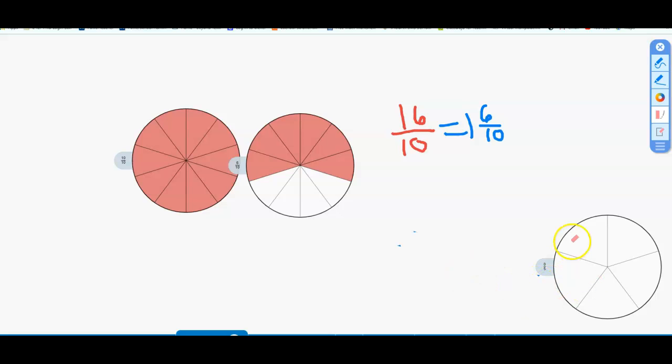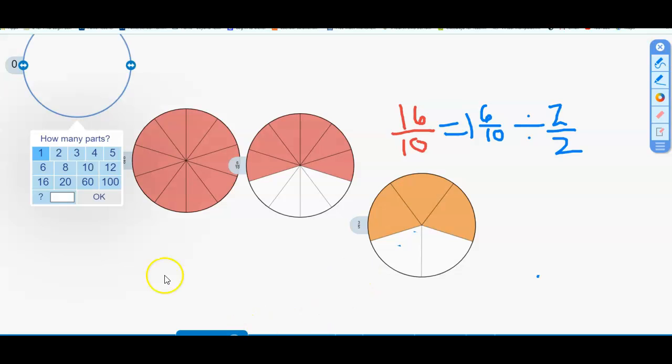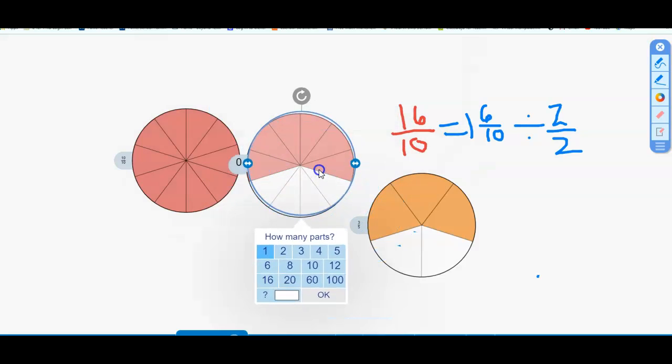So simplifying my answer means that I'm going to bring this guy over here, if it'll let me. I'm having technical difficulties. And notice what just happened. I knew that 6 tenths were both even numbers. Even numbers are divisible by 2. So I could see that I would need to figure out what size pieces would work.